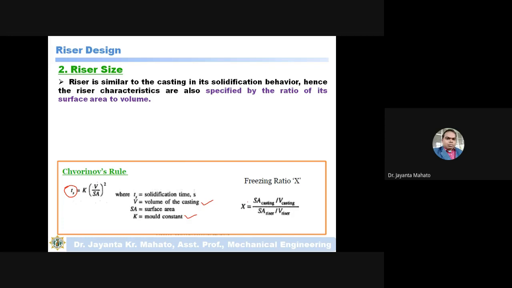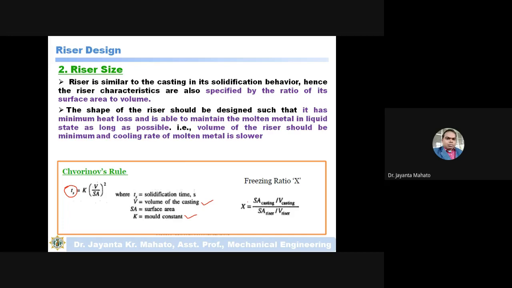So the optimal size of the riser should be designed. How does the optimal size of the riser have to be designed? There are actually two methods. One is Chvorinov's rule.